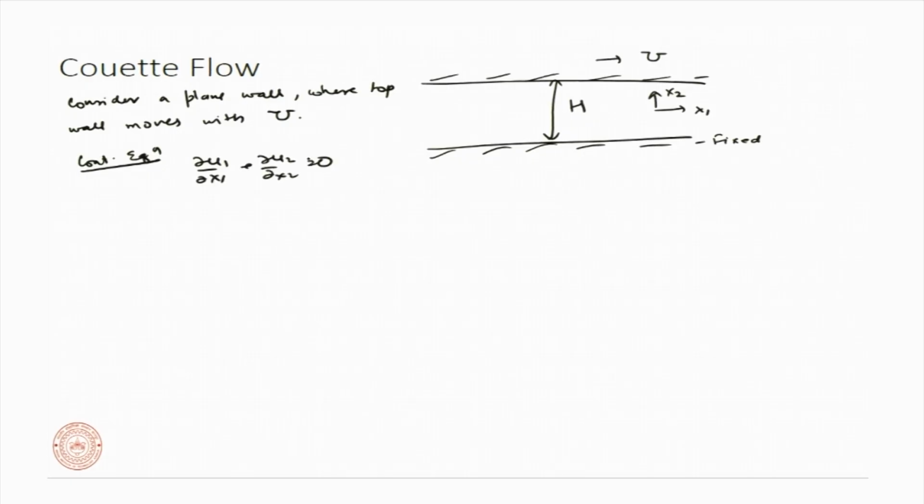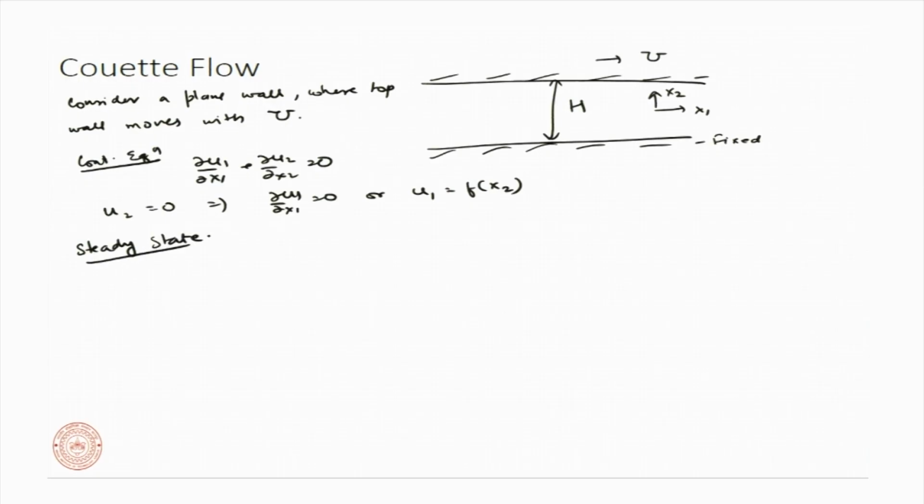Now, flow is along the x1 direction. So, u2 is equals to 0. If u2 equals to 0, which implies that del u1 by del x1 equals to 0, or u1 is not a function of x1 and therefore, is only a function of x2. So, u1 is only a function of x2. We are also considering steady state.